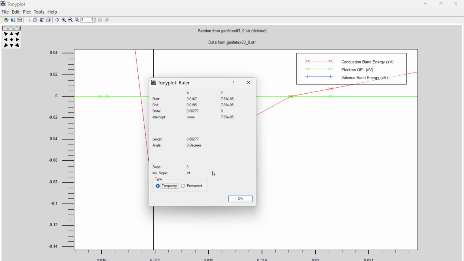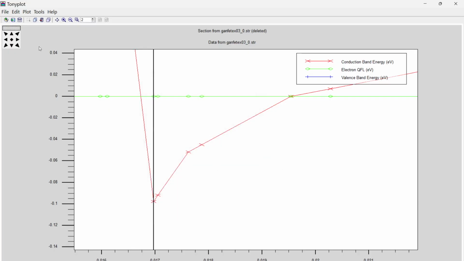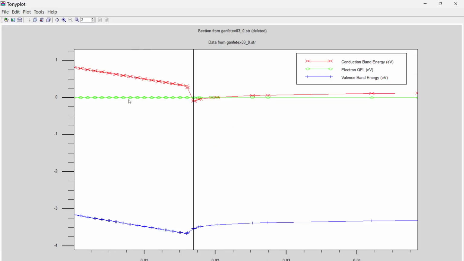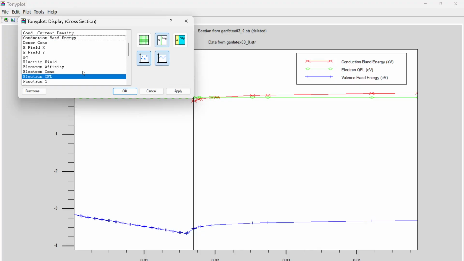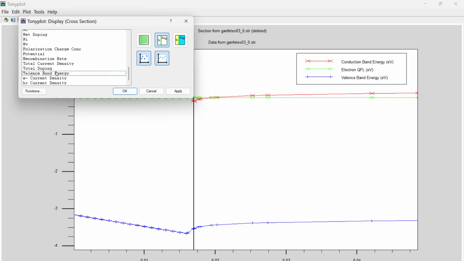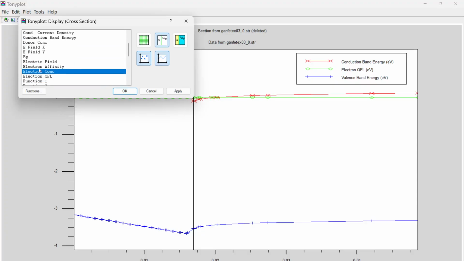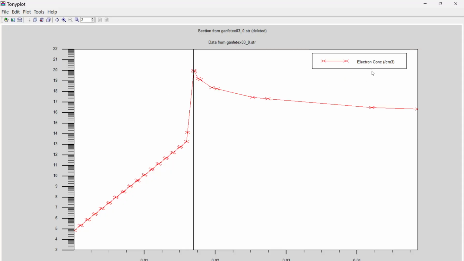Okay, now we'll have to zoom out first. Again, go to the display option, uncheck these options, and you'll have to select electron concentration. Uncheck all the options, and select the new one, electron concentration. The electron concentration is shown here in per centimeter cube.